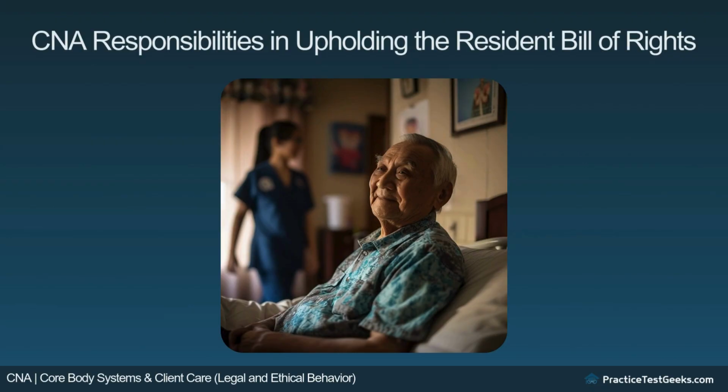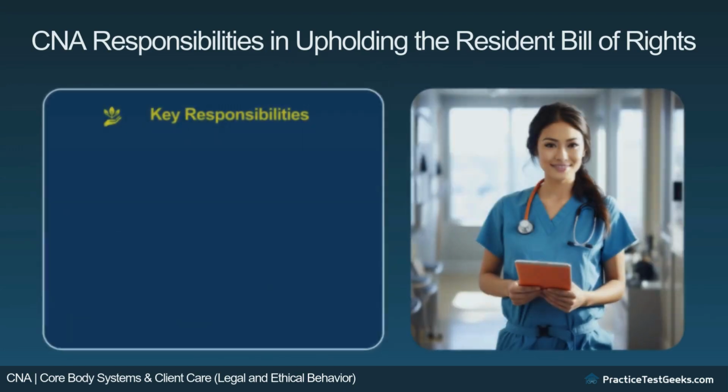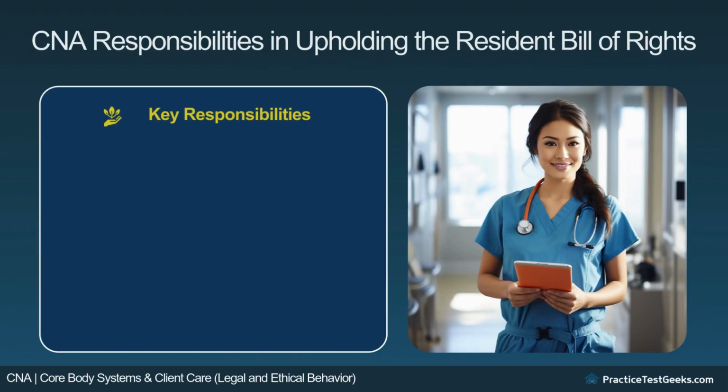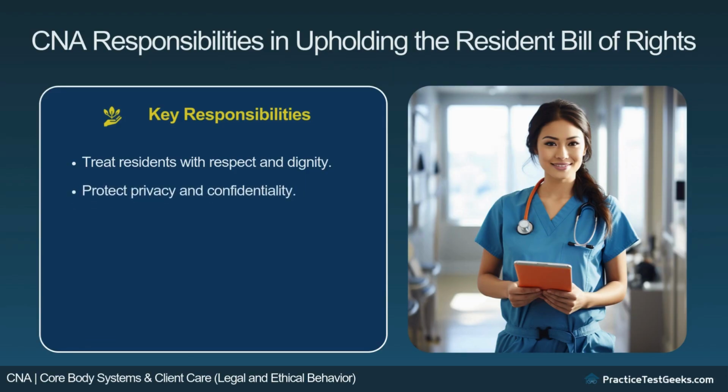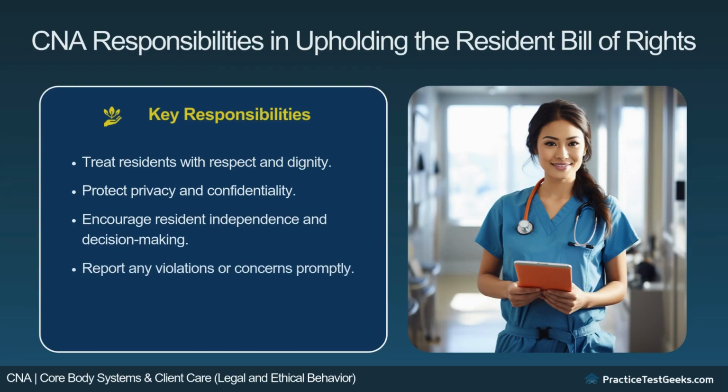CNA responsibilities in upholding the Resident Bill of Rights. CNAs are frontline advocates for resident rights. Key responsibilities: treat residents with respect and dignity, protect privacy and confidentiality, encourage resident independence and decision-making, report any violations or concerns promptly, and participate in ongoing training on resident rights.